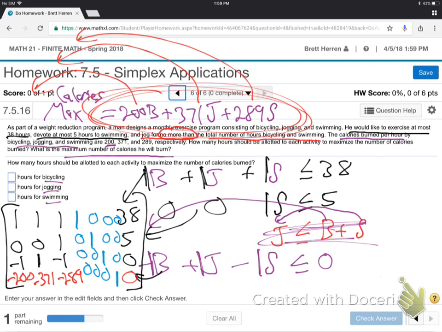Hit the simplex program. Let's do it. It's 4 by 8 again, isn't it?